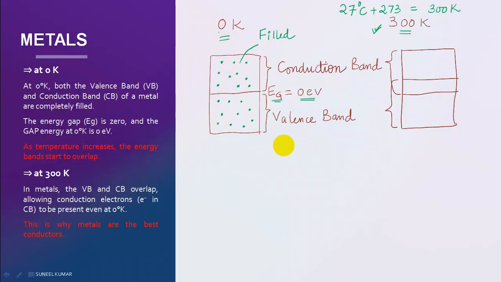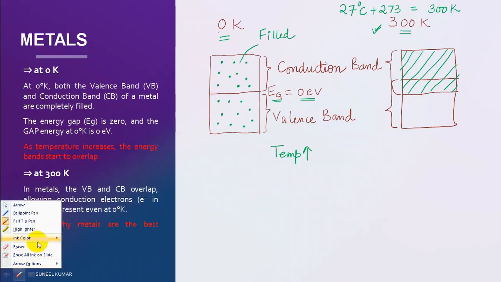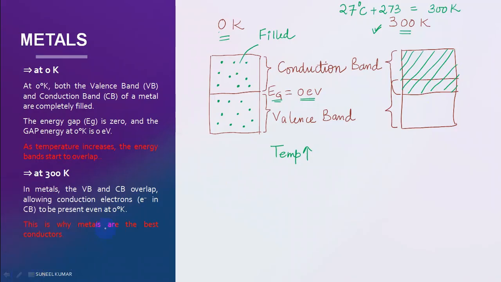Now as we increase the temperature, what will happen? As we increase the temperature, the conduction band and valence band, these two bands, will overlap. Here we can see at 300 Kelvin, this is the conduction band, and this one is the valence band.